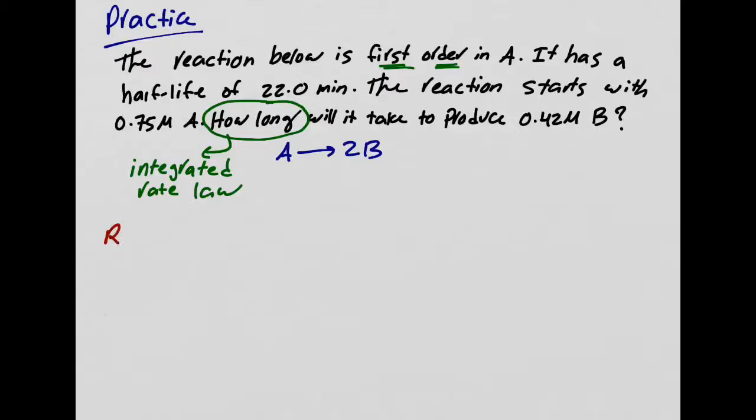So I know that the rate equation is rate equals k times A to the power of 1, because it's first order. And because it's first order, the integrated rate law would be ln of A concentration at t over A concentration at the initial equals minus kt.